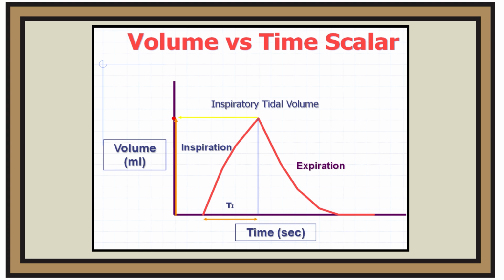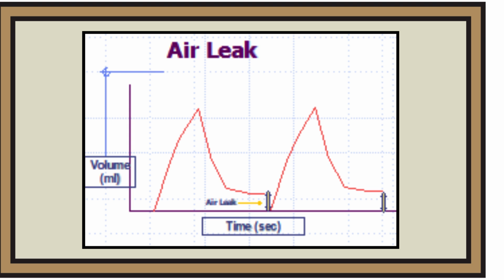Notice all of those are above the baseline. A leak in the circuit or around the tracheal tube can be detected from the volume time curve. If the expiratory tracing smoothly descends and then plateaus, but does not reach baseline, it indicates the presence of a leak in the system.